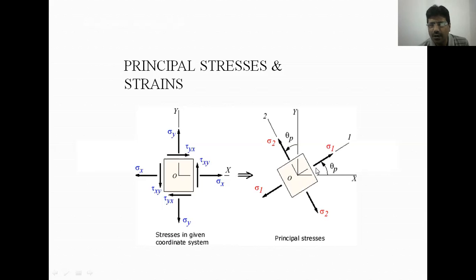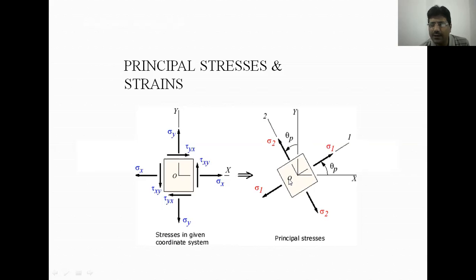Only direct stress will be acting, along sigma 1 and the normal plane sigma 2. We have taken a plane 1 at an angle of theta p and defined all the stresses on this plane. Similarly, we have taken a normal plane, plane 2, that is normal to plane 1, and we will see that in many cases there is no shear stress along this plane.